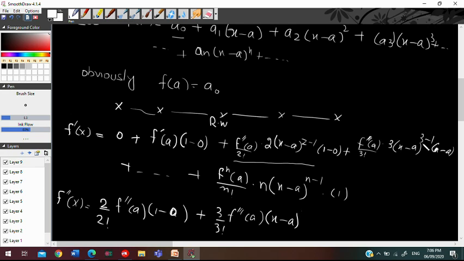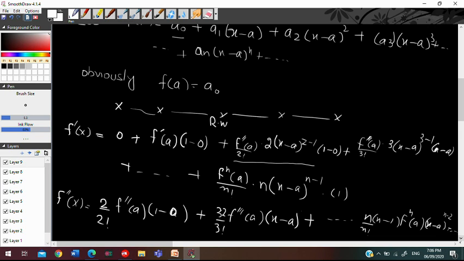Here we have a square, so here we have 2 also, 2 into this, plus up to n by n factorial into (n minus 1) f n of a into (x minus a) power n minus 2 plus up to so on.